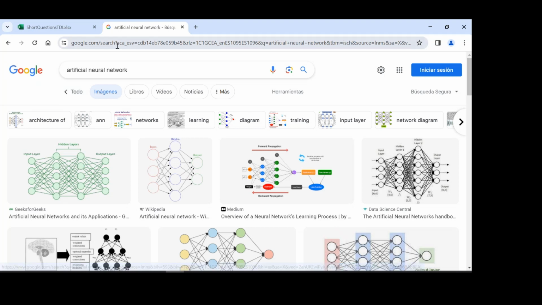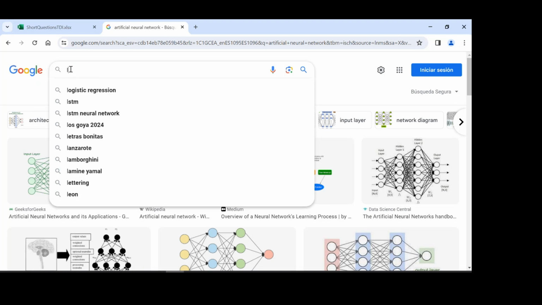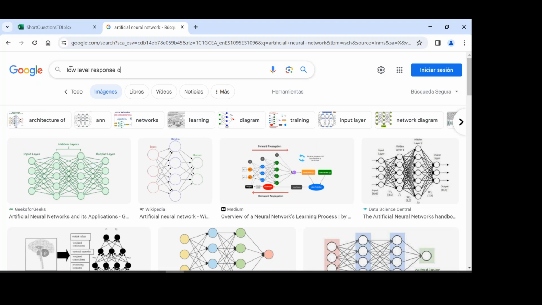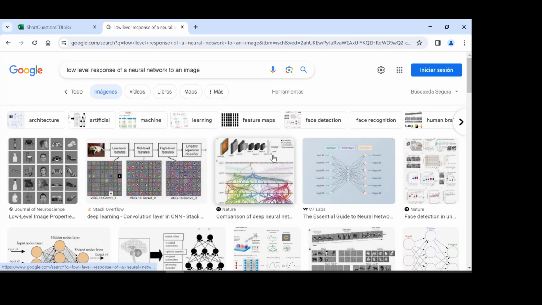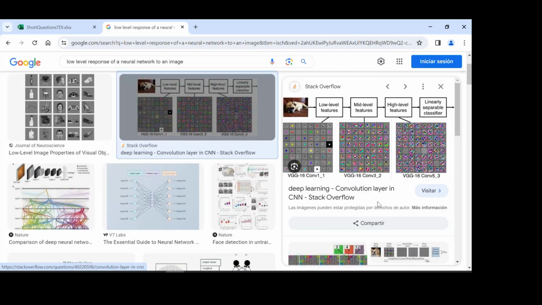And it has been shown by this. So you see this image.